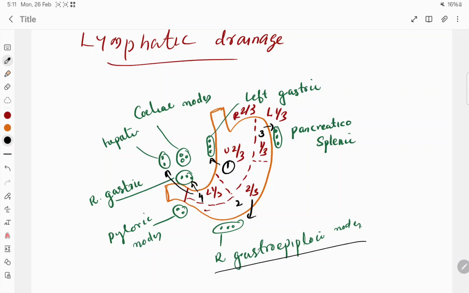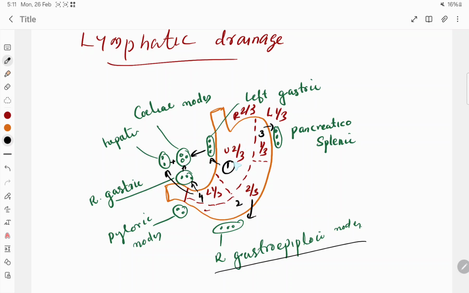All these lymphatics finally drain into the celiac nodes. Once again, for descriptive purposes the stomach is divided into different lymphatic areas: right two-third and left one-third.